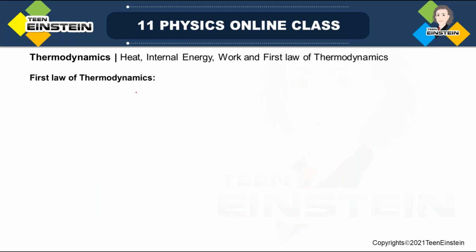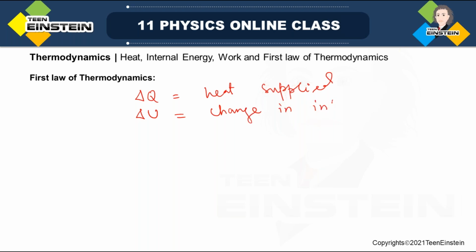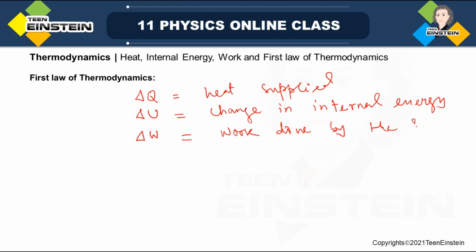Suppose the heat supplied is dq. The change in internal energy is denoted by delta U, and this is the work done by the system on the surroundings.